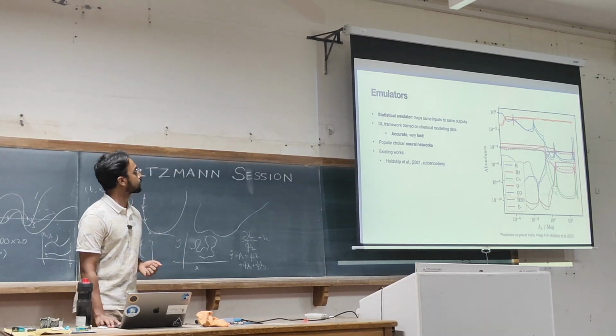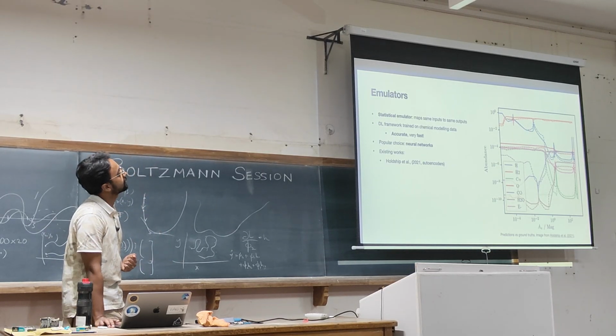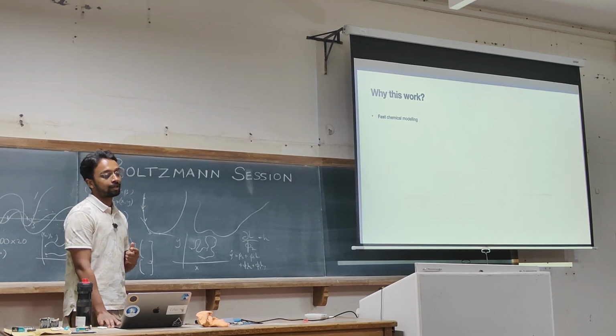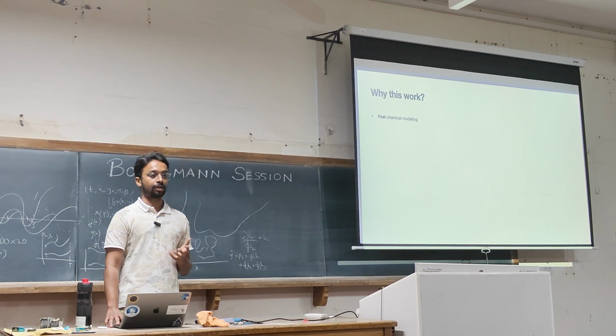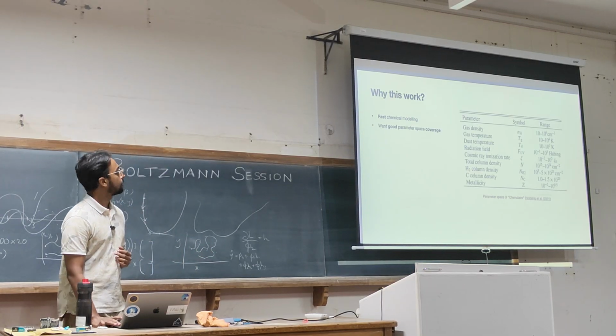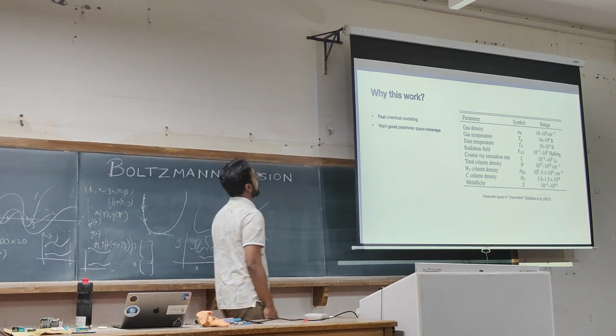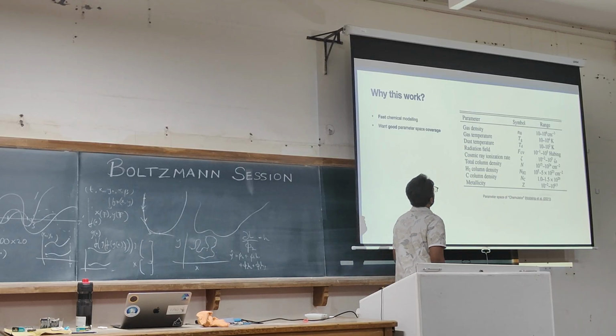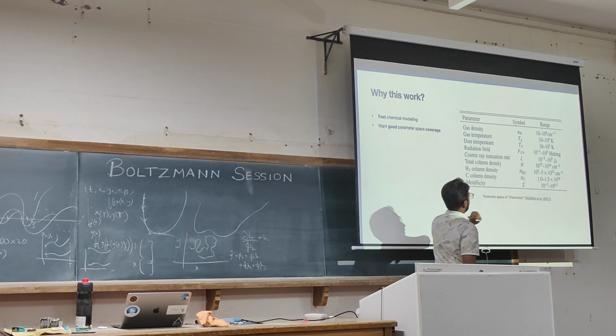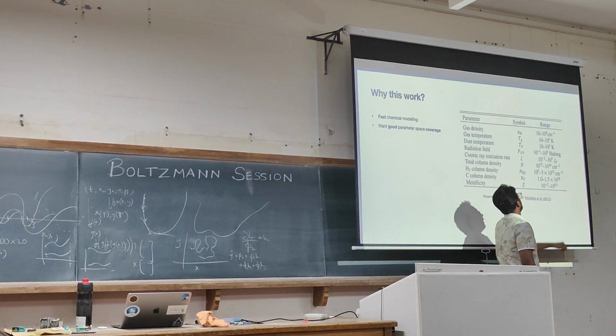So my master's thesis work was essential because I wanted fast chemical modeling, and I also wanted a good coverage of the parameter space. This is what I was talking about when I said a high dynamic range parameter space. For example, hydrogen column density can go from 10 to the 5 to 10 to the 23.